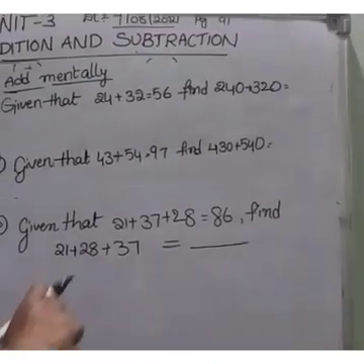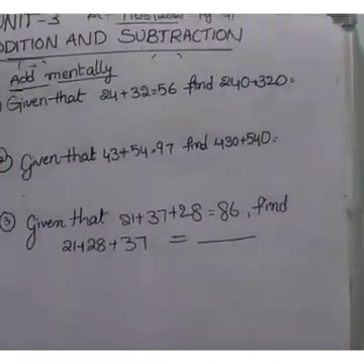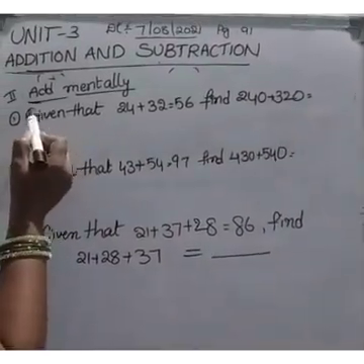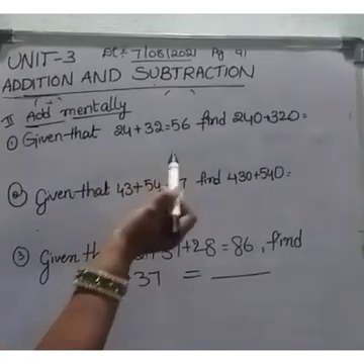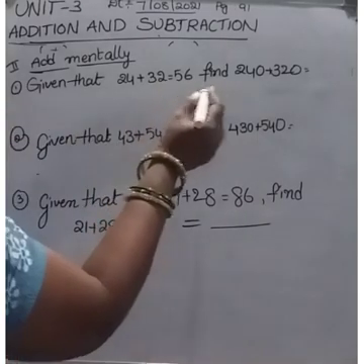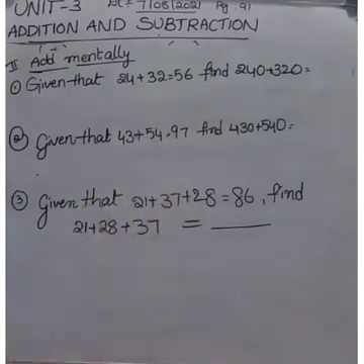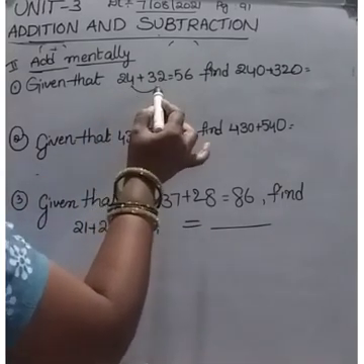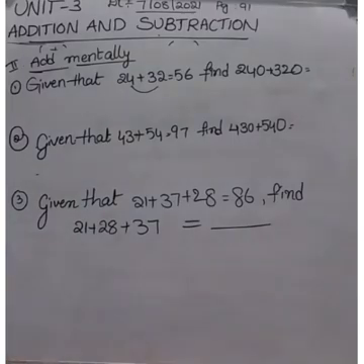Next, second Roman, add mentally. Given that 24 plus 32 is equal to 56, find 240 plus 320. So when we add 24 plus 32, we get 56.